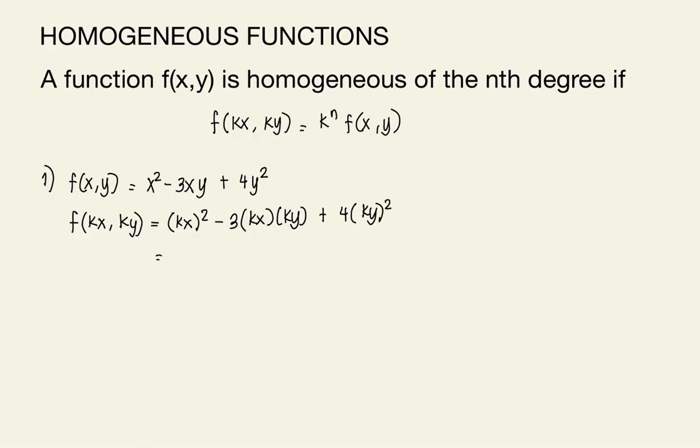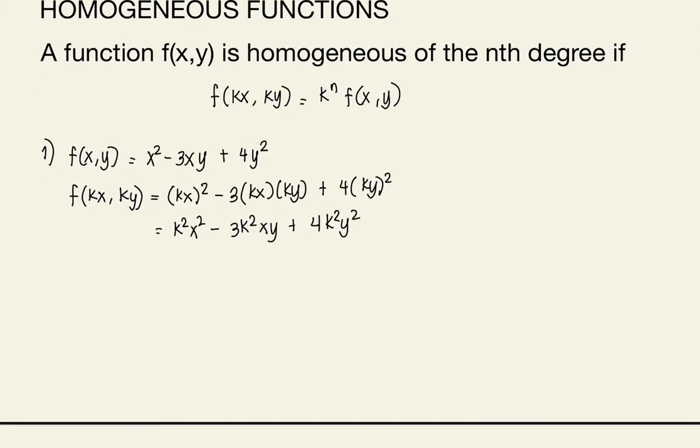So by algebraic manipulation, this is k squared x squared minus 3k squared xy plus 4k squared y squared. And as you can see here, common in all of them is k squared. So we can factor out k squared. And when we factor out k squared, we have x squared minus 3xy plus 4y squared left inside the parentheses. And as you can see, this is just equal to f of xy.